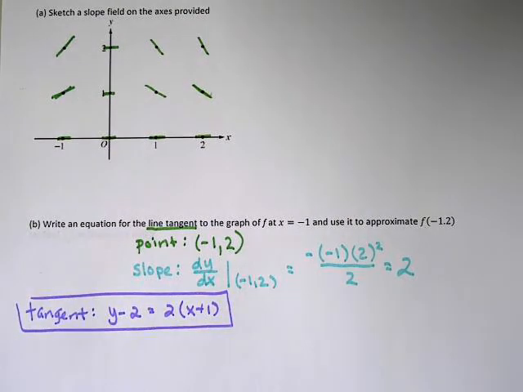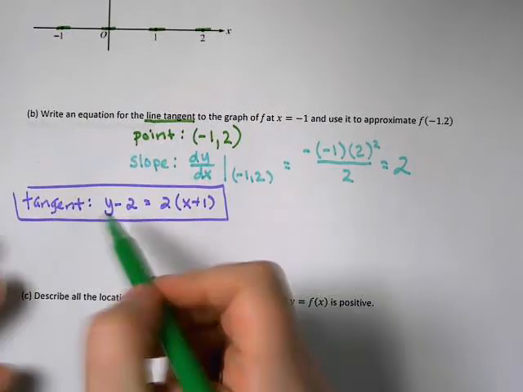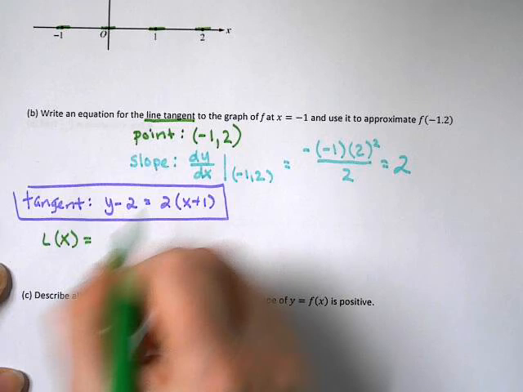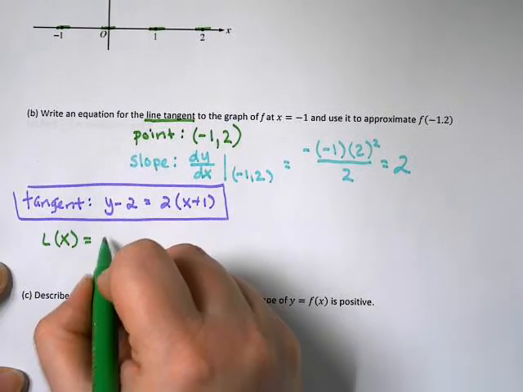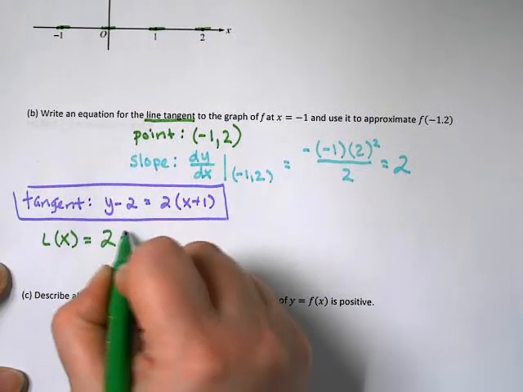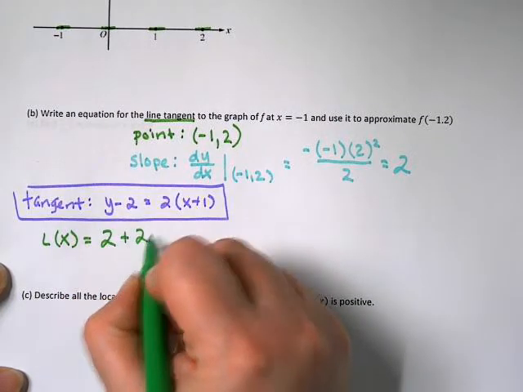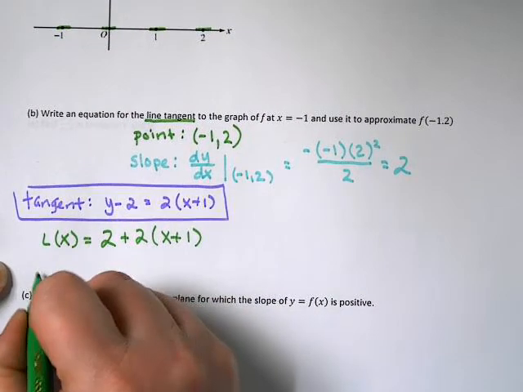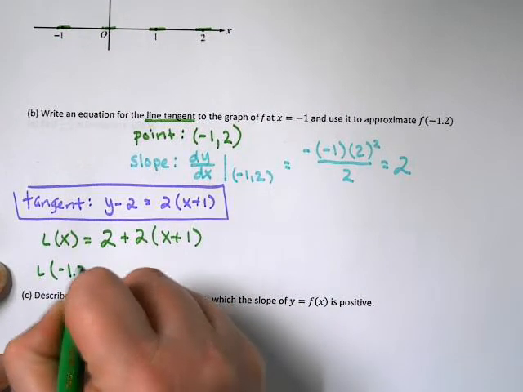Now it says we have to use this tangent line to approximate f(-1.2). So we're going to have to backtrack a little bit and think back to when we did linearizations. When we did linearizations, we said we're going to swap out the y and turn it into L(x). And we're also going to move that constant over. So now it becomes L(x) equals 2 plus 2 times (x plus 1). We're going to substitute in negative 1.2.